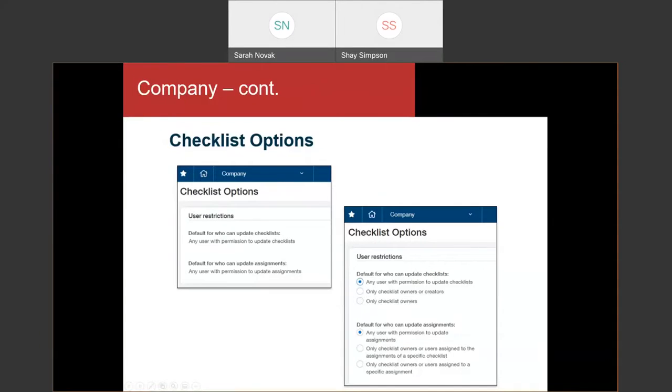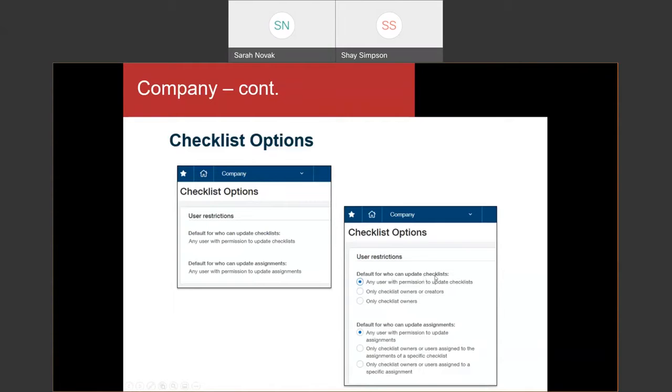So in regards to our checklist options, we've actually got restrictions within the checklists themselves. If we click on our checklist options, not only within the permissions of our users, but also within the checklists themselves, we can default who can update these checklists.